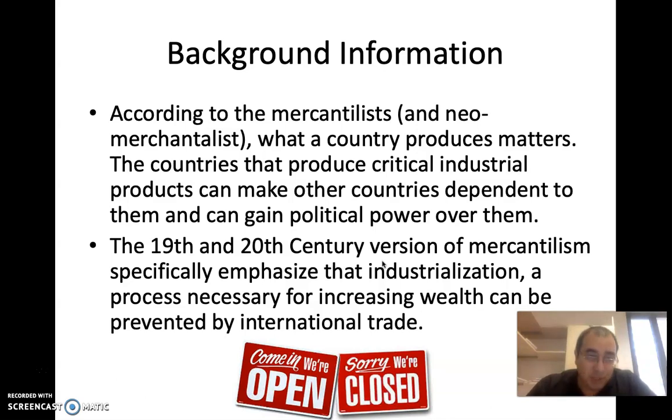That's the basic logic behind it. So you should rather be able to produce critical, industrial products, for which you need to make initial investments. Your country's initial natural resources are not enough to get that efficiency.